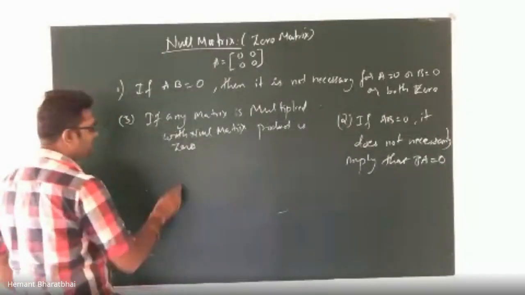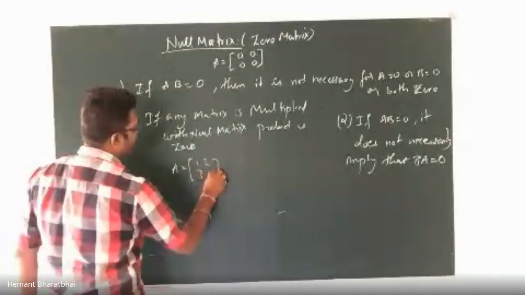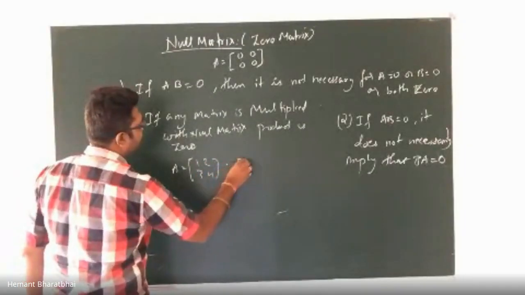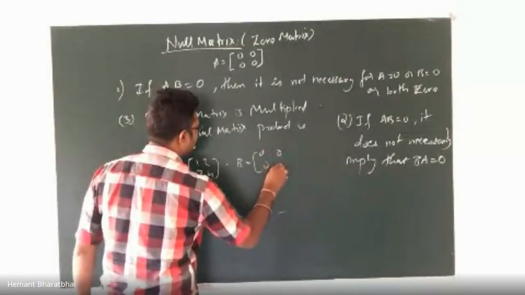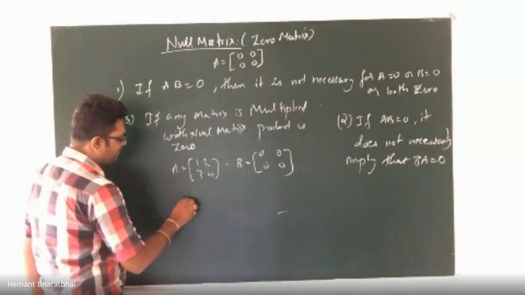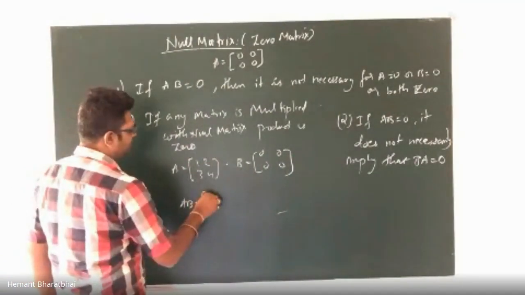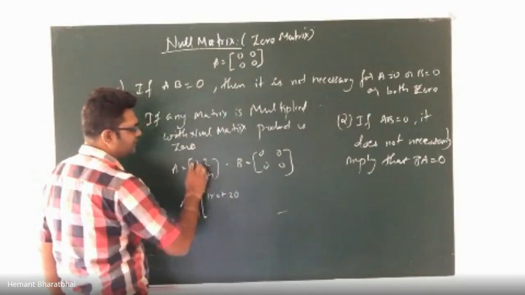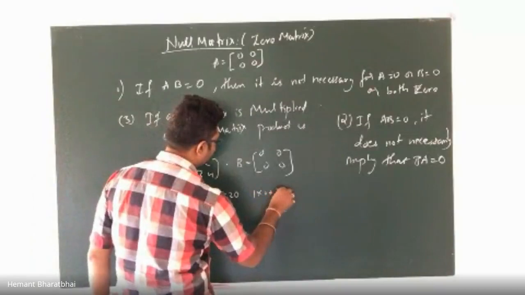So let me take a matrix A as 1, 2, 3, 4, and let me take a matrix B as a null matrix. So what is a null matrix? Where all the elements are 0. So let me multiply these matrices. So 1 into 0 plus 2 into 0, first row into first column, first row into second column, again 1 into 0 plus 2 into 0.